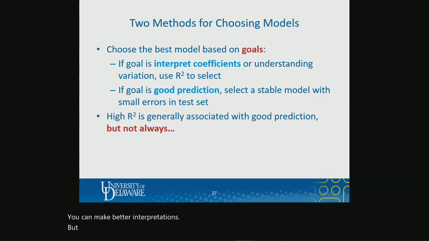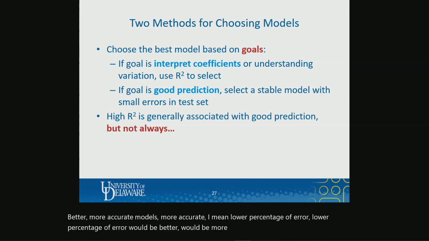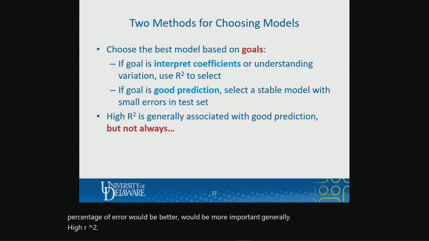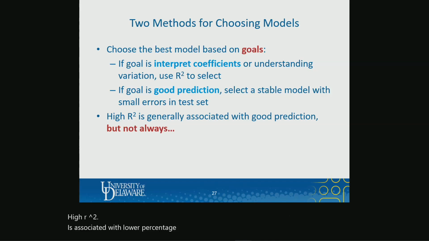But if your goal is to make predictions, if you want to predict the dependent variable, then accuracy is important. There are more accurate models. More accurate, I mean lower percentage of error. Lower percentage of error would be better, would be more important. Generally, higher R squared is associated with lower percentage of error, so better, more accurate models.